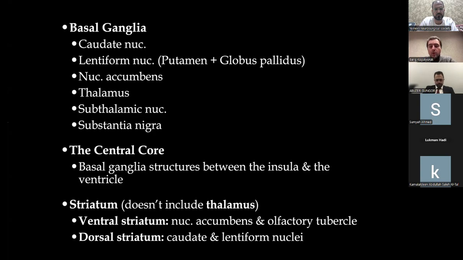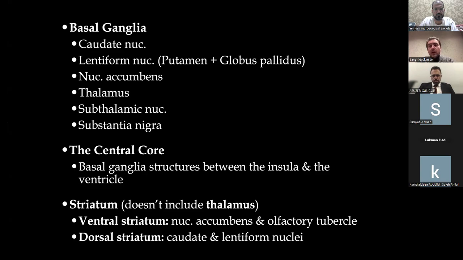Striatum also includes the ventral striatum, but it doesn't include the thalamus, because the term striatum is a more functional term.